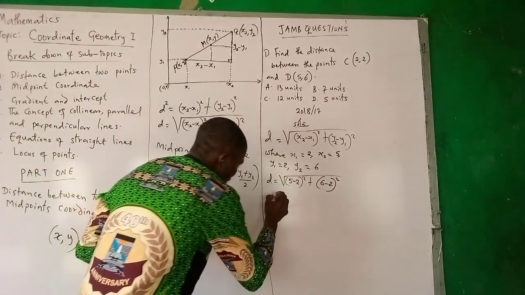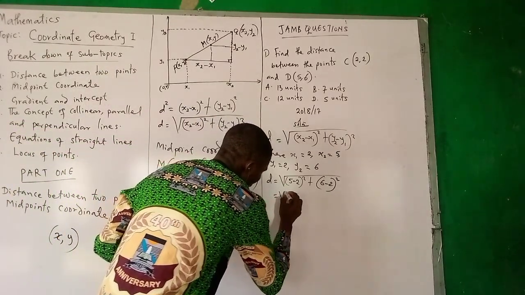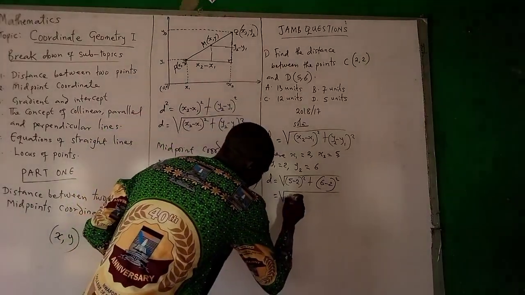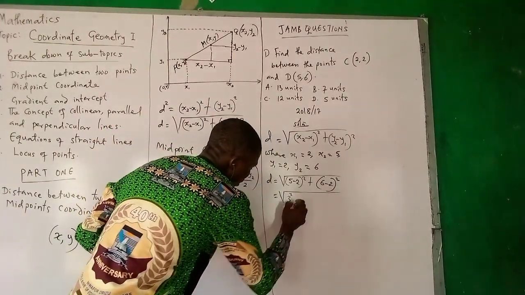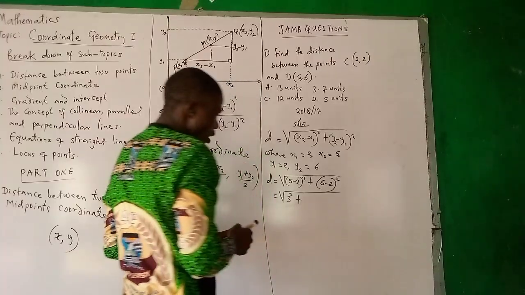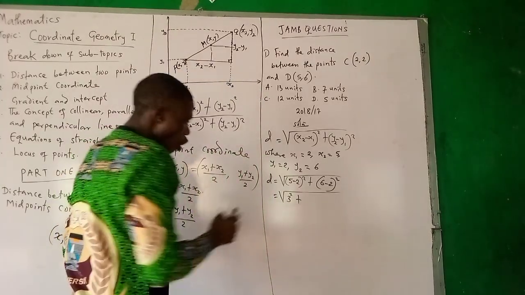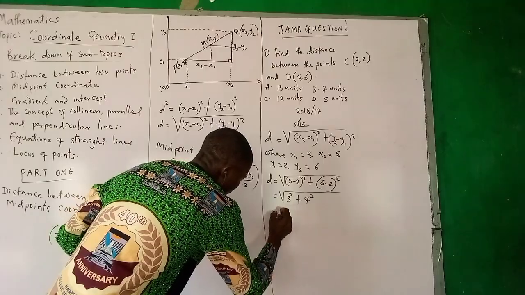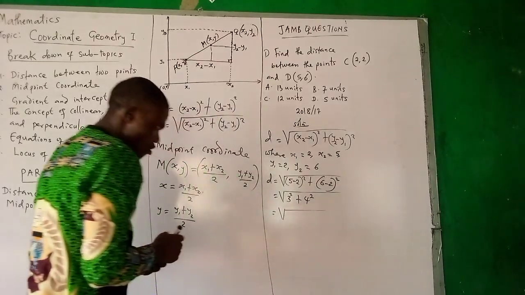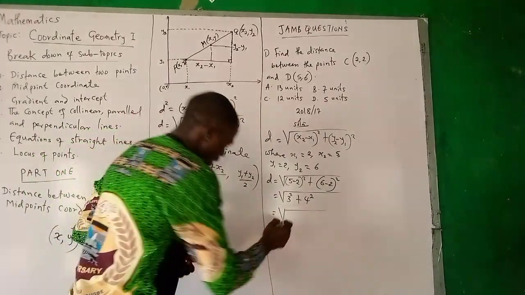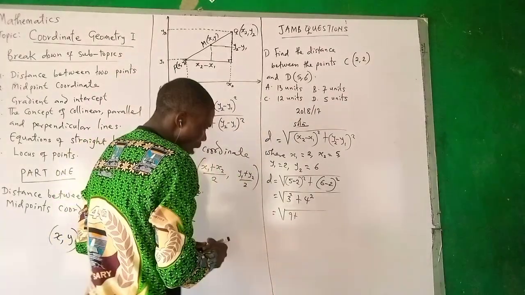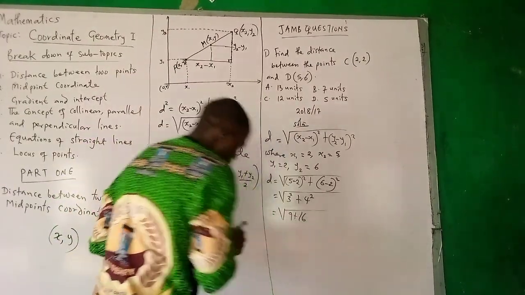You continue: the square root of 5 minus 2 is 3, squared, plus 6 minus 2 is 4, squared. And that gives you 3 squared is 9 plus 4 squared is 16.